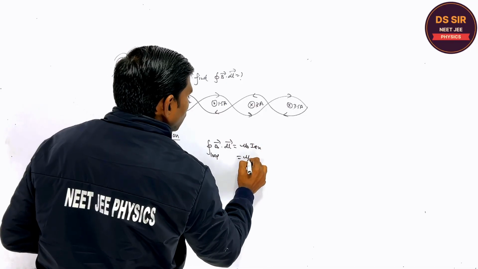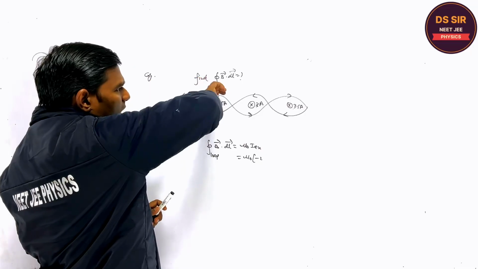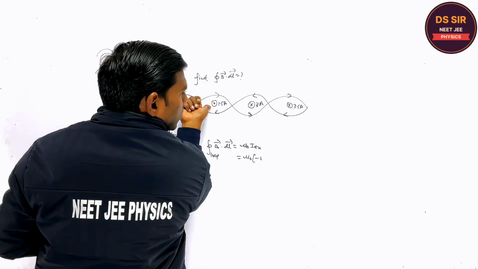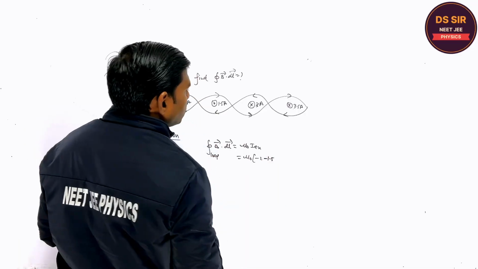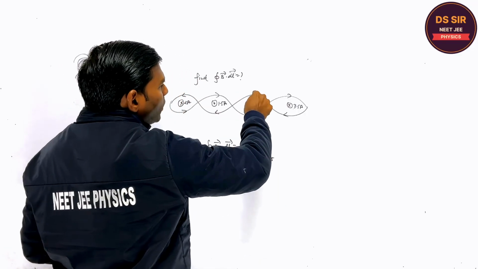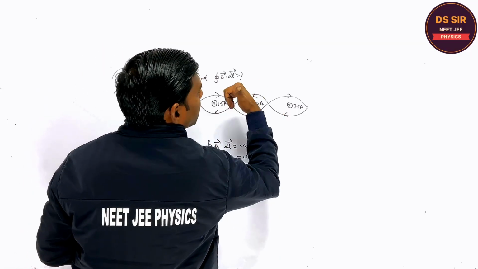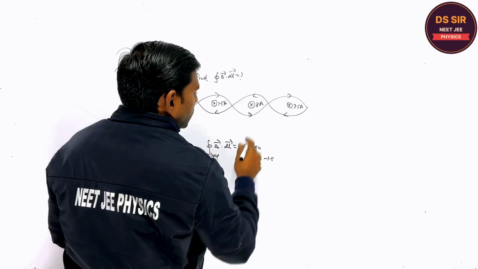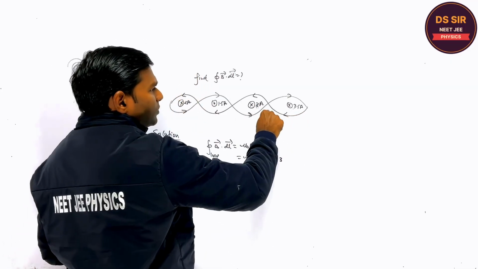So the current enclosed, this current will be taken as the minus sign. This is into the board, but this current is out. So again it is taken with minus. The orientation of the loop is like this, so out is the positive, and in is negative.